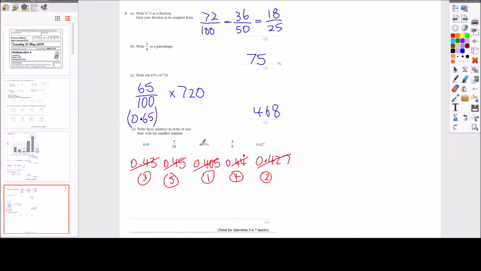So my smallest one is the 40.5%. My second smallest is 0.427. Third smallest, 0.43. Fourth smallest, 4/9. And biggest is 9/20.